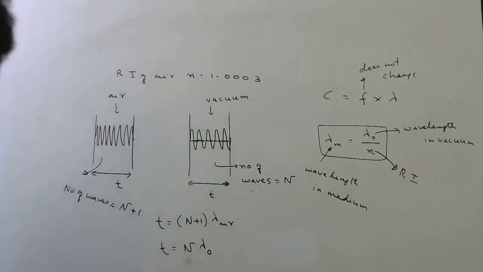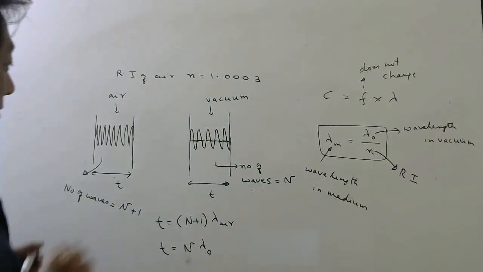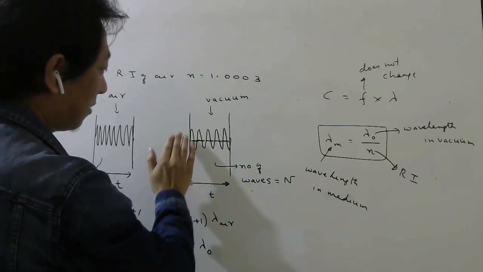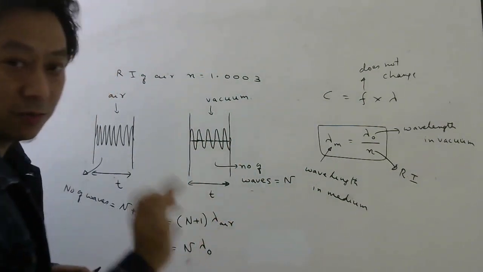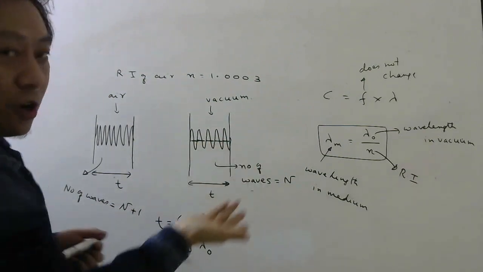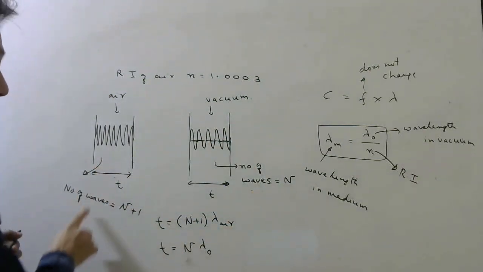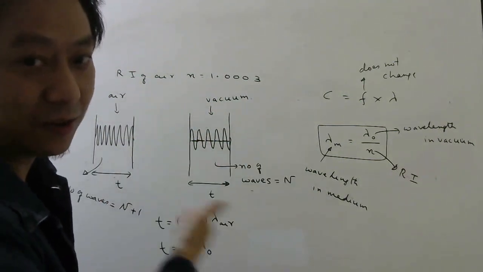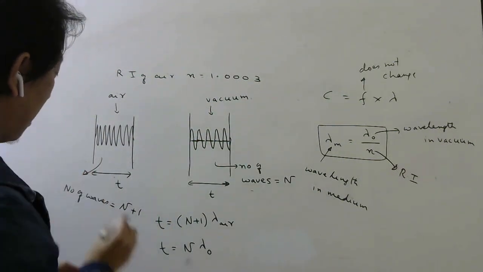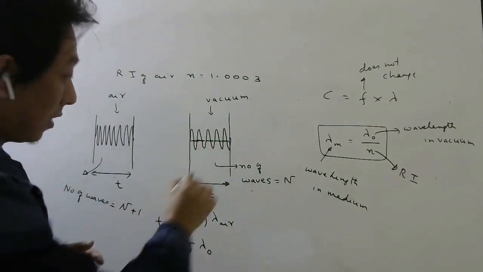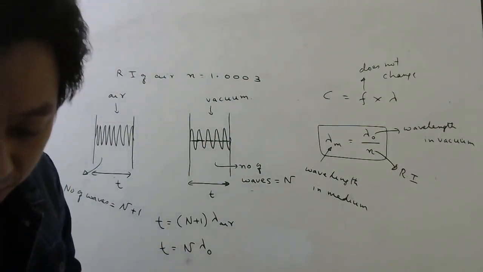Everybody understood, right? So 1 lambda, 2 lambda, 3 lambda, 4 lambda, 5 lambda. If there are 5 waves, then this thickness will be 5 lambda. I don't know how many waves are there, so I am saying the number of waves here is N. Then here it is 1 extra, they told. So this thickness should have N plus 1 wavelengths, and this thickness should have N times wavelength.